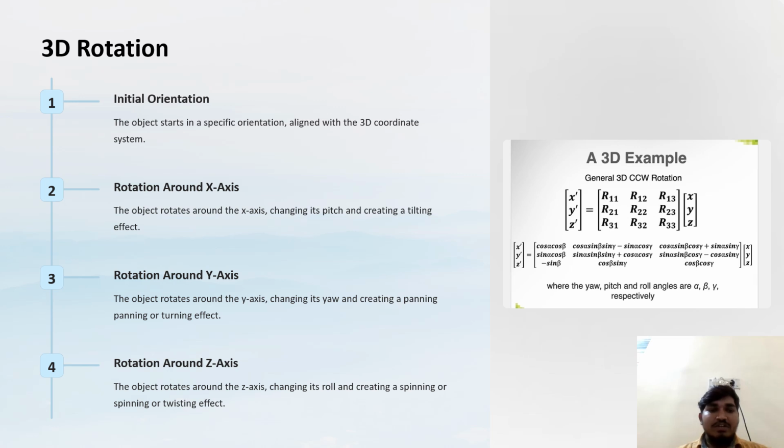Rotating around the y-axis. The object rotates around the y-axis, changing its yaw and creating a panning and turning effect. And let us see about rotating around the z-axis. The object rotates around the z-axis, changing its roll and creating a spinning effect.